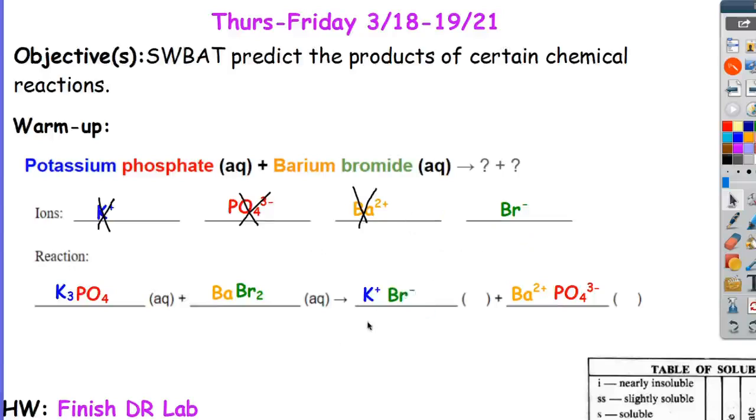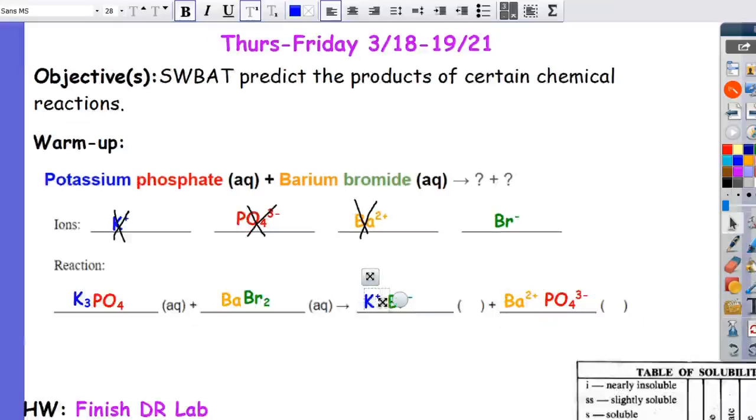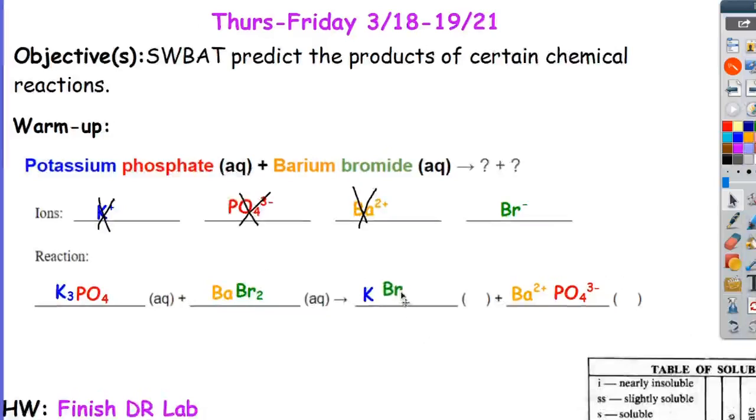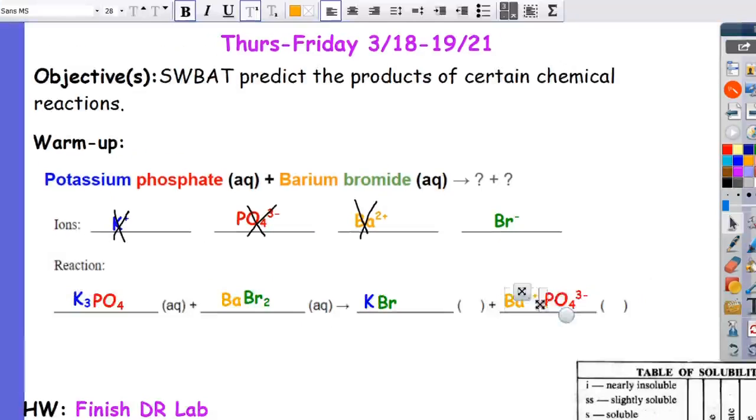So now I need to do my crisscross rule to balance the charges. My 1 from potassium goes down to my bromide. The 1 from my bromide goes down to my potassium. So I don't need any subscripts here. I just have 1 of each. And then my 2 from my barium goes down to my phosphate, and the 3 from my phosphate goes down onto my barium. So I have Ba3.